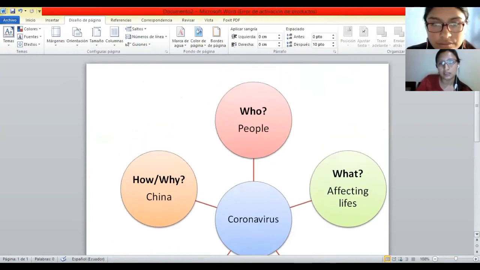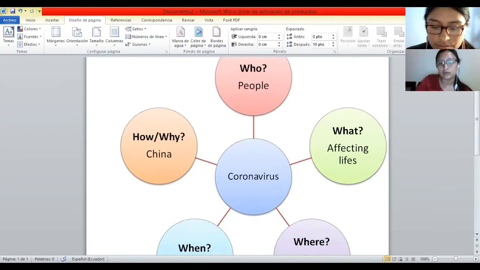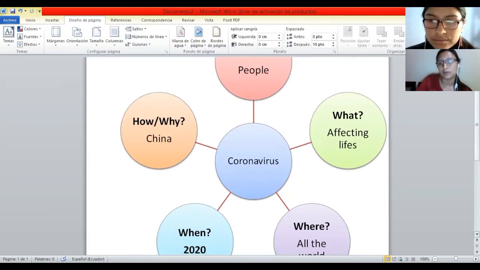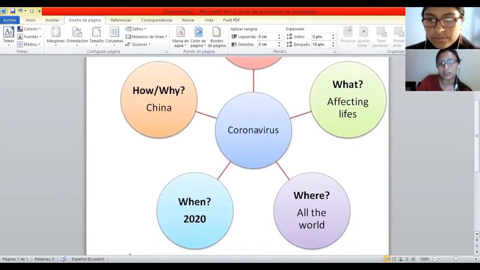In order to answer the question who, coronavirus affects all people. And what: the most affected situation is lifestyle, people's personal lifestyles, and where it happened, it happened around all the world.